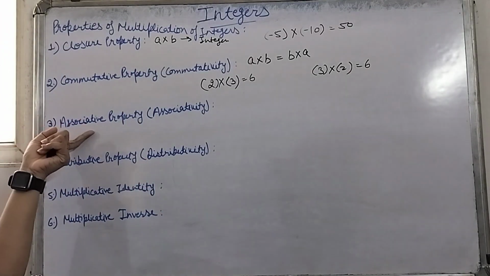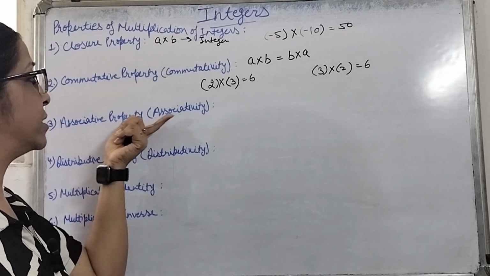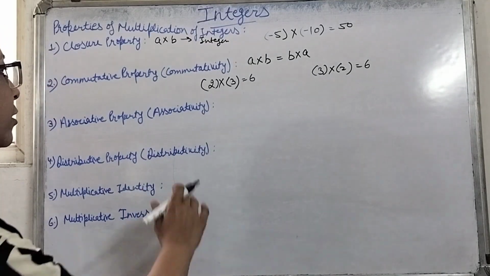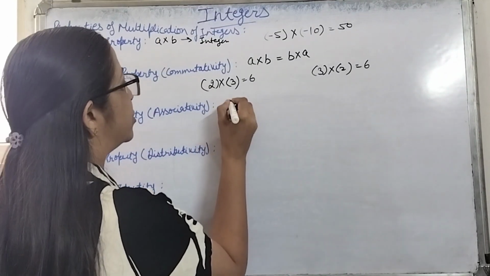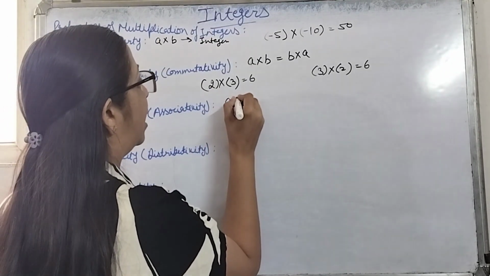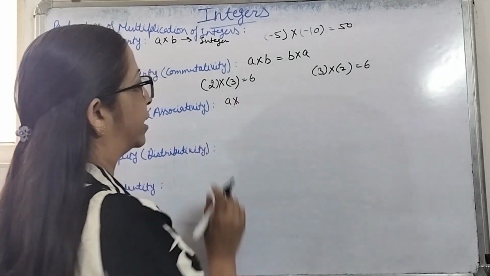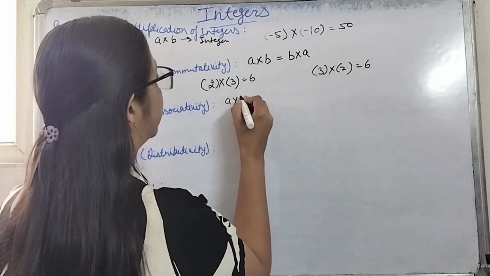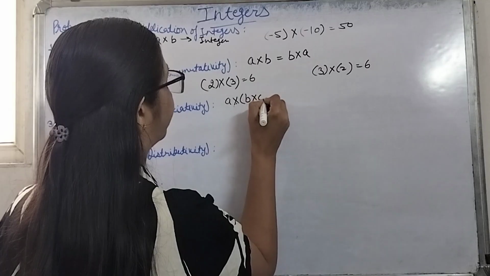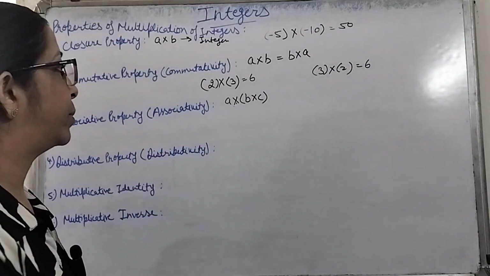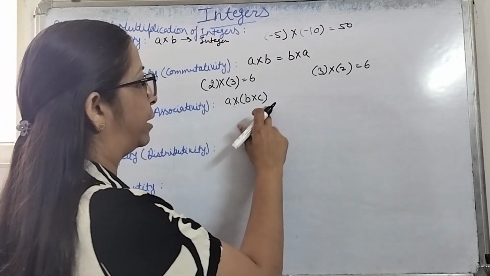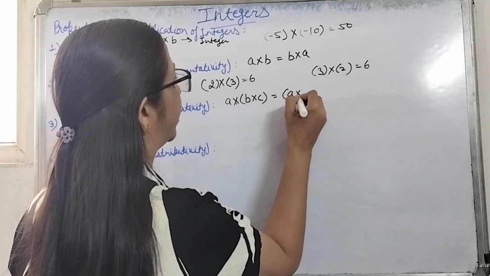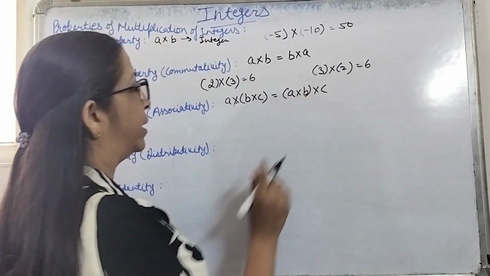The third is the associative property, also known as associativity. Here we are taking any three integers. Suppose a, b and c are the three integers. According to the associative property, a multiplied by (b multiplied by c) will be equivalent to (a multiplied by b) multiplied by c.